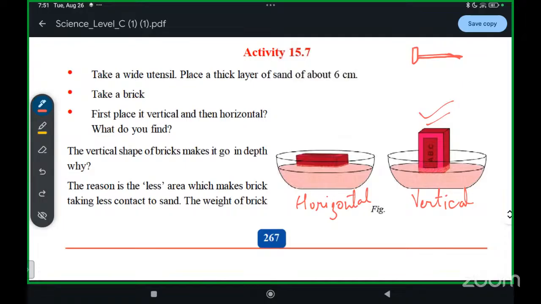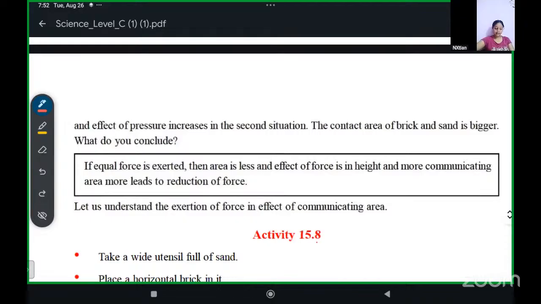When you place the brick vertically, in a standing position, it goes deeper inside the sand compared to when you place it horizontally, where it just stays on the surface of the sand.